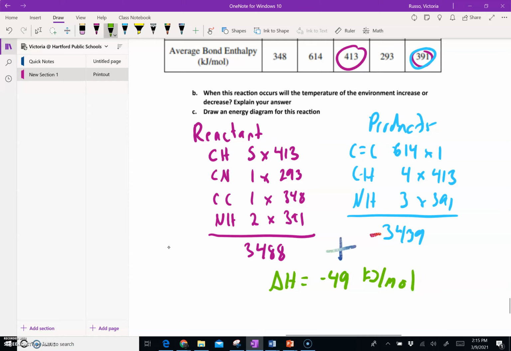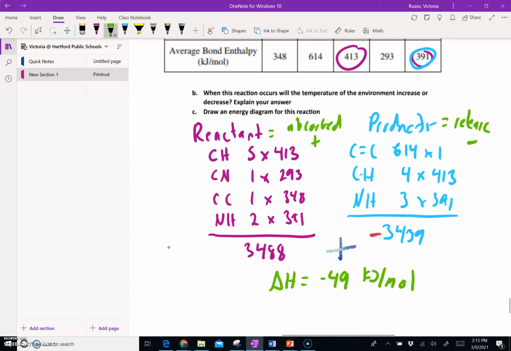But this is not products minus reactants. You add up all the bonds in the reactants, add up all the bonds in the products, and make the products negative because energy is released. Here energy is released, so we make them negative, and here energy is absorbed, so we make them positive.